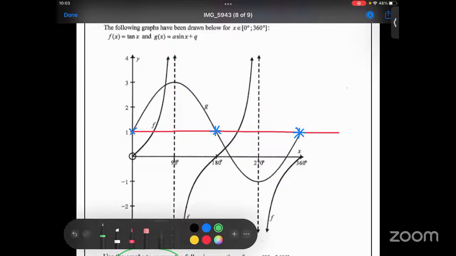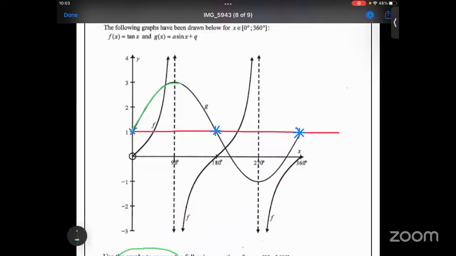So on this function, we are just trying to point out the values whereby y is equal to 1. I've just indicated that it is that one whereby it's 0 degrees. That's why we have 1. Another one is where x is 180 degrees. That's why we have 1.